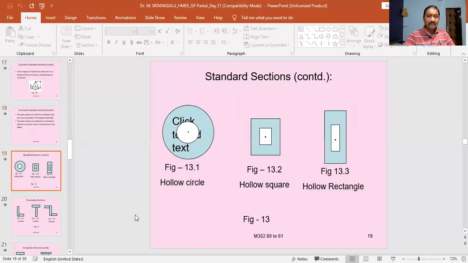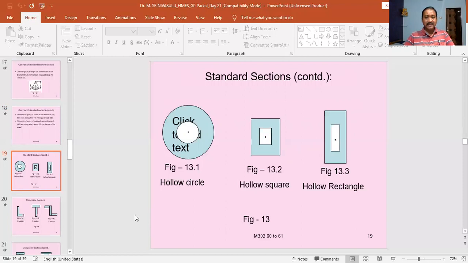Now next, coming to these pictures here, these are called hollow shapes. The first one is the hollow circle, then hollow square, hollow rectangle. Here what is happening is that from a bigger figure, the smaller figure is cut out.